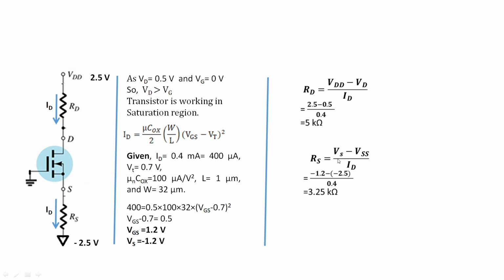So Rs equals Vs minus Vss by ID. Vs is minus 1.2 volt. So Rs will become 3.25 kilo ohm. So in this numerical we have found the drain resistance value, and also the source resistance value.